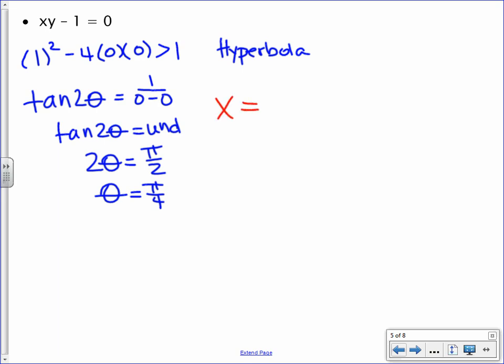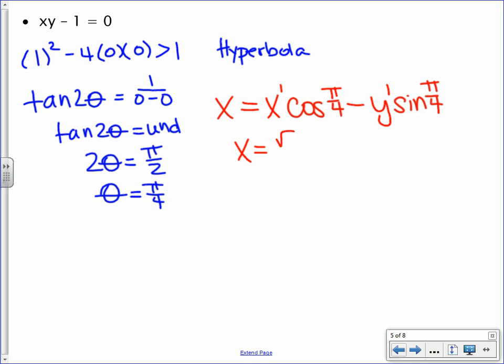What's our x substitution? x equals x prime cosine minus y prime sine. What's the cosine and the sine of pi over 4?